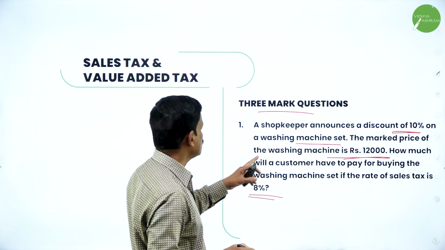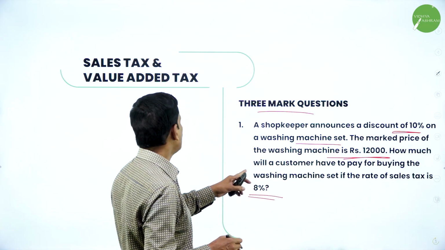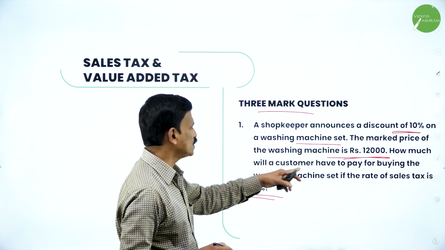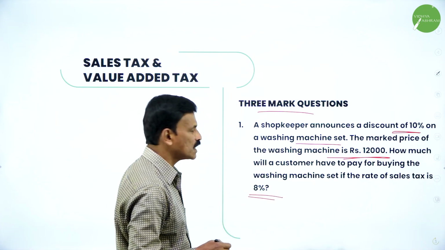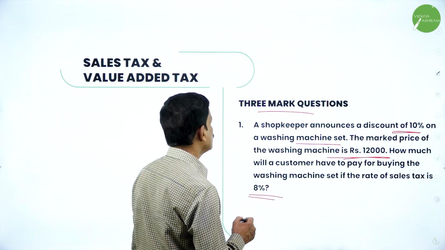The market price of the washing machine set is rupees 12,000. How much will a customer have to pay for buying the washing machine set if the rate of sales tax is 8%? Very simple problem. Okay, now what is the market price here?